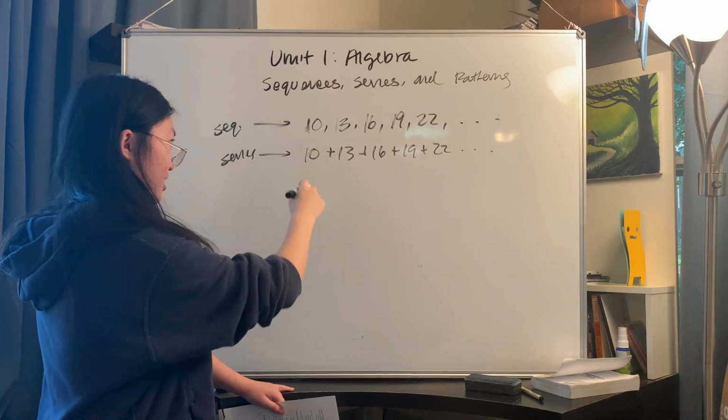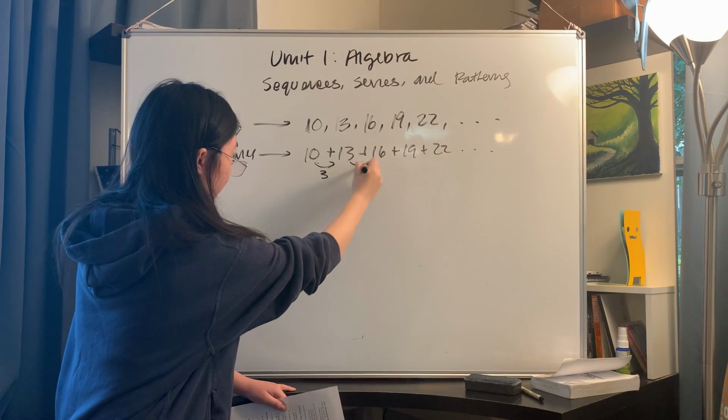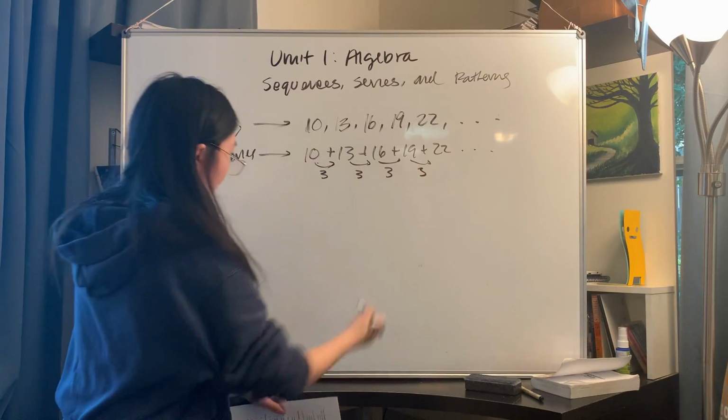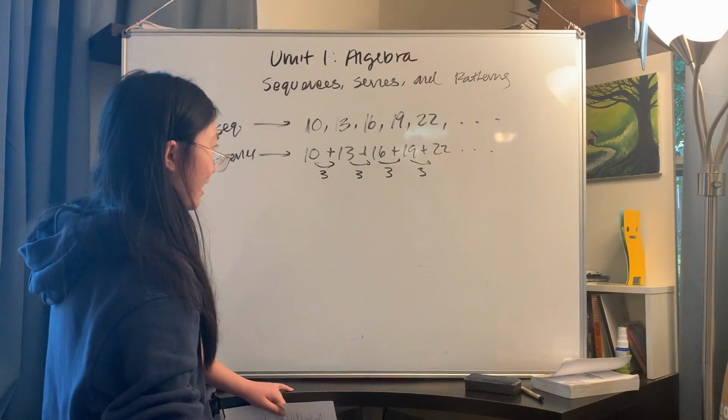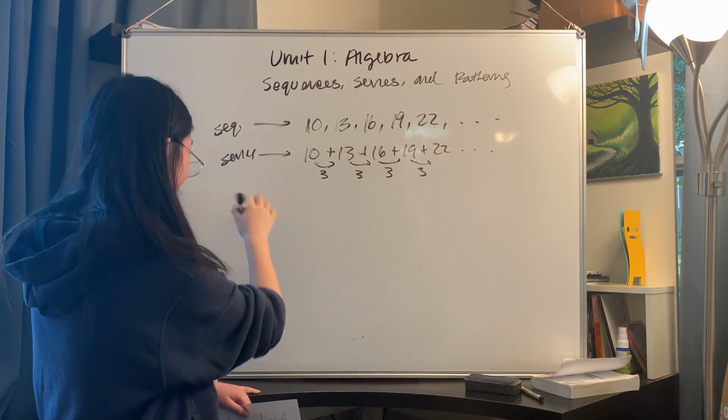So what you notice is that we're increasing by 3 each time. So you can sort of create a pyramid that will give you the sum of this arithmetic sequence.